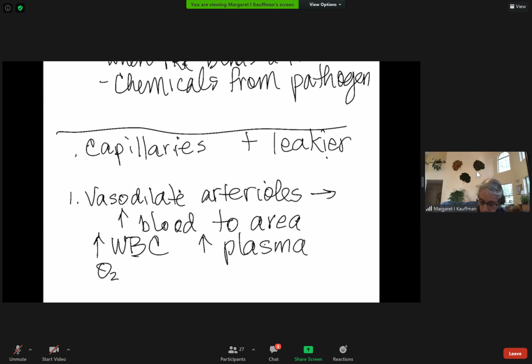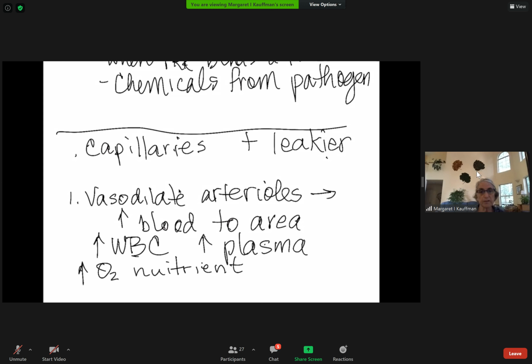And nutrients, because you're going to fight a war, you've got to have the supply train increase. And that, of course, means you're sending more into that area. So that's great, but you do want those white blood cells.